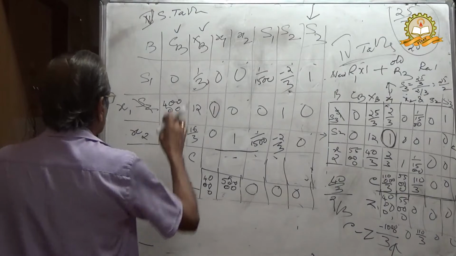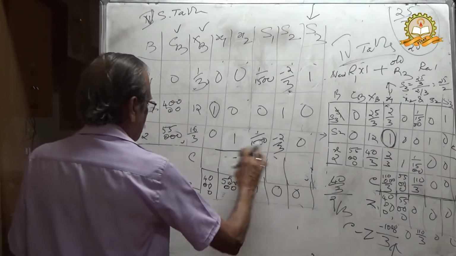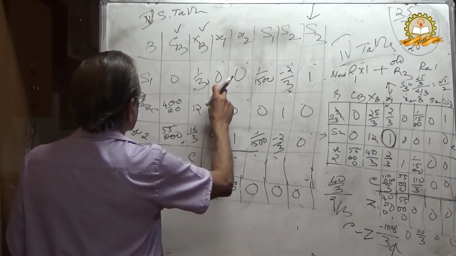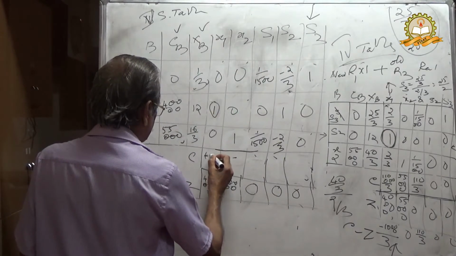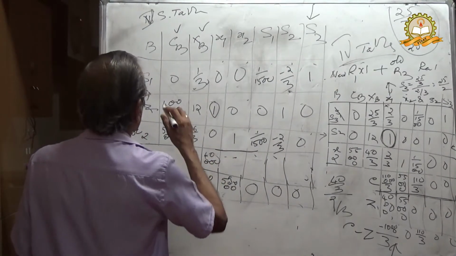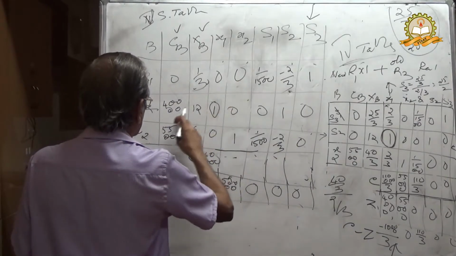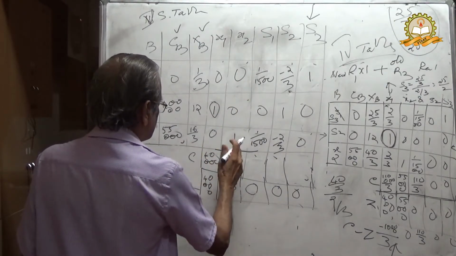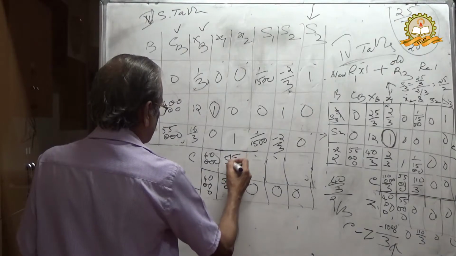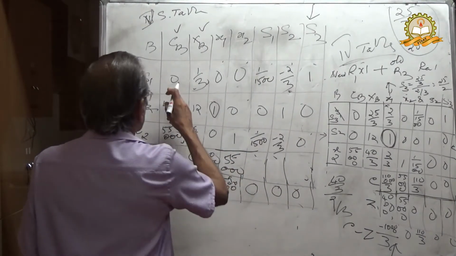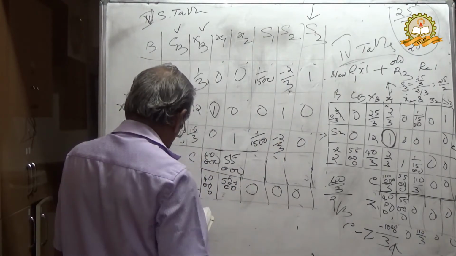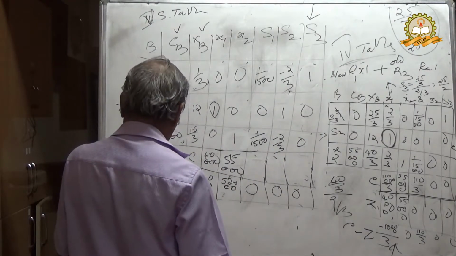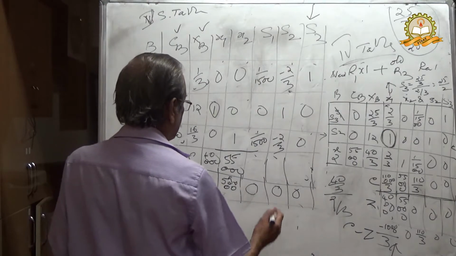Therefore, here it will be 0 into 0, 40,000 into 1, 40,000. Then 0 into 0, this into this, plus this, 55,000.